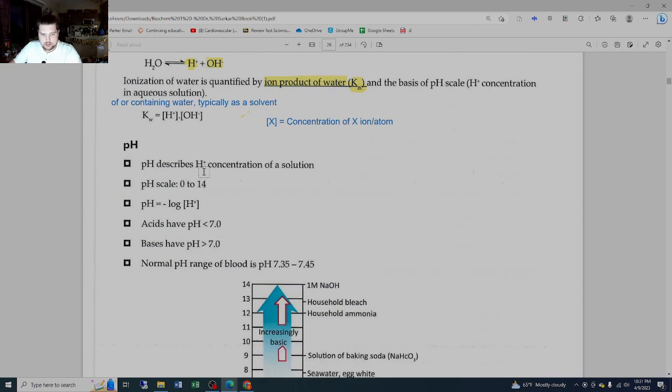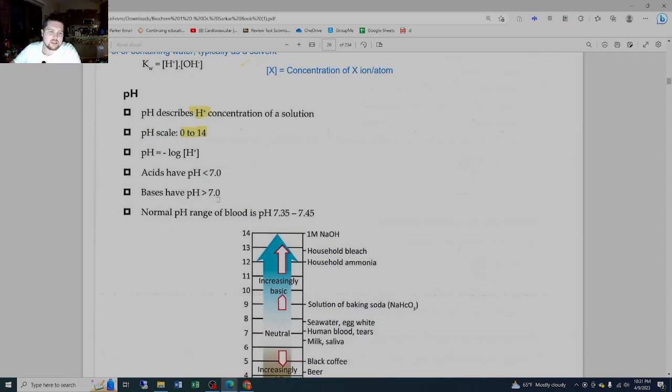Okay, so pH describes the hydrogen concentration of a solution, so it tells us how much hydrogen there is. It's from 0 to 14. A lot of this is just kind of some math stuff. We won't really get into a lot of the math and the calculations. We'll do some calculations, but nothing super complex. As long as you can understand the concepts behind it, you can just plug in the numbers and you're fine.